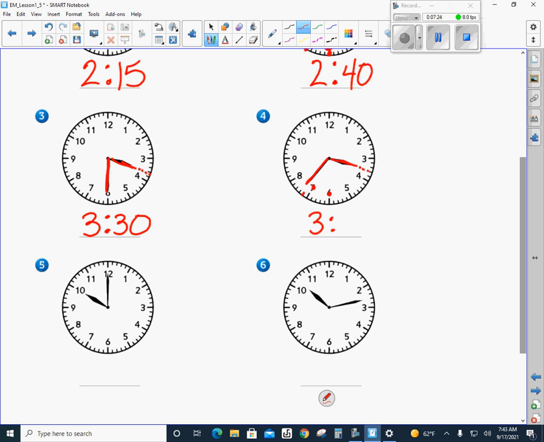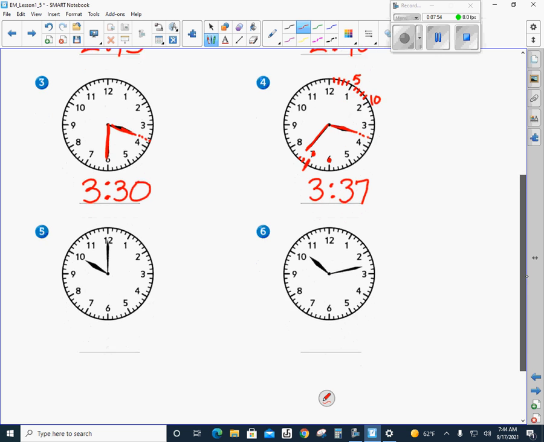But each of these little dots in between, we talked about these when we looked at the clock a couple of days ago. These are each minutes in between. I'm going to count 1, 2, 3, 4, 5, 6, 7, 8, 9, 10. So each of those little tick marks are minutes. So if it's 35, 36, and 37. So you should have had 3:37. If you didn't have that time, be careful, because in 3rd grade we have to tell time to the nearest minute.